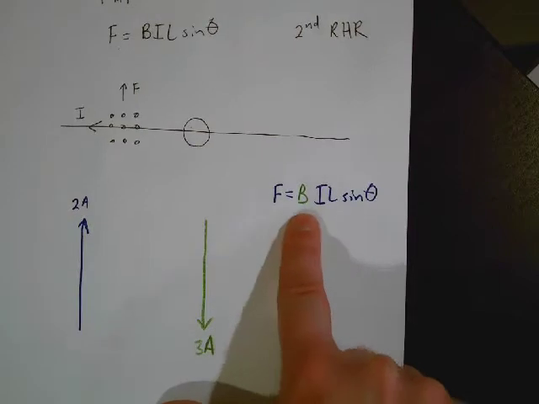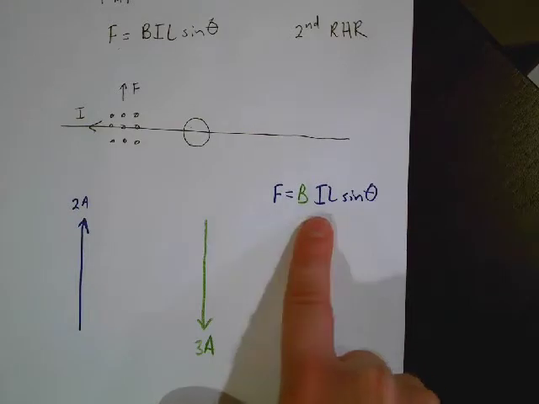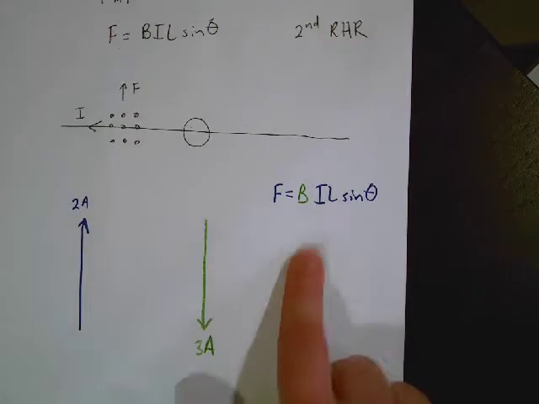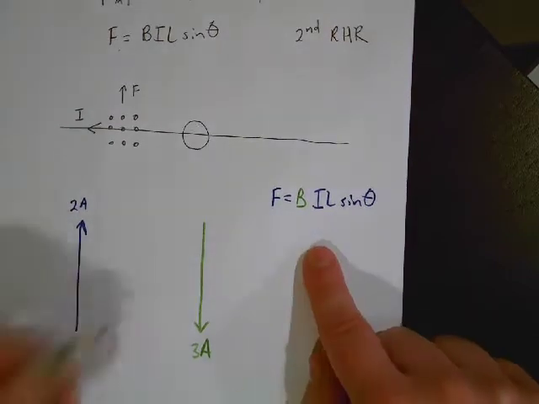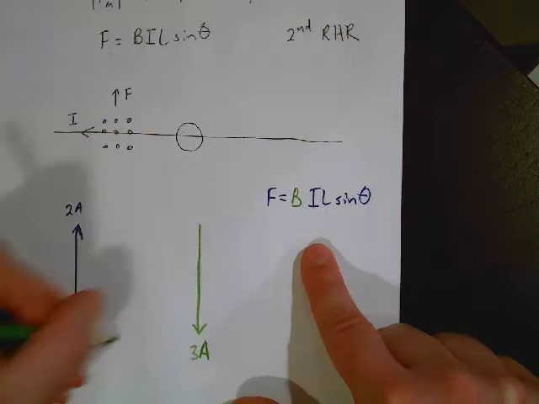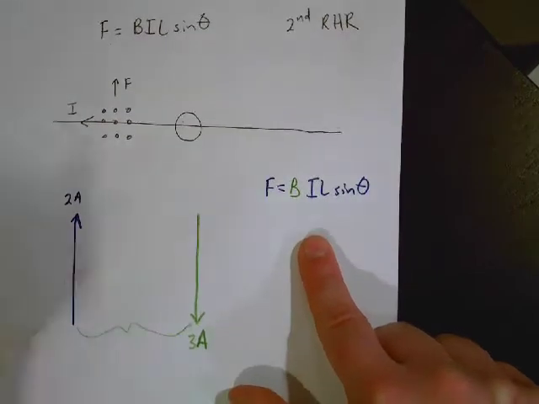And here's why I would write it like this. The blue one experiences a force because of the magnetic field from the green wire. And if you do it this way, it's going to be really hard to get this question wrong.